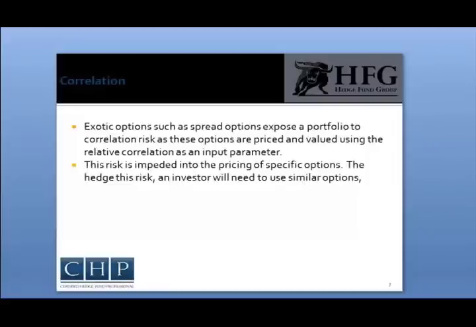The options are sensitive to the change in the underlying correlation of one security relative to another. This risk is embedded into the pricing of specific types of options. To hedge this type of risk, an investor needs to buy or sell similar types of options.